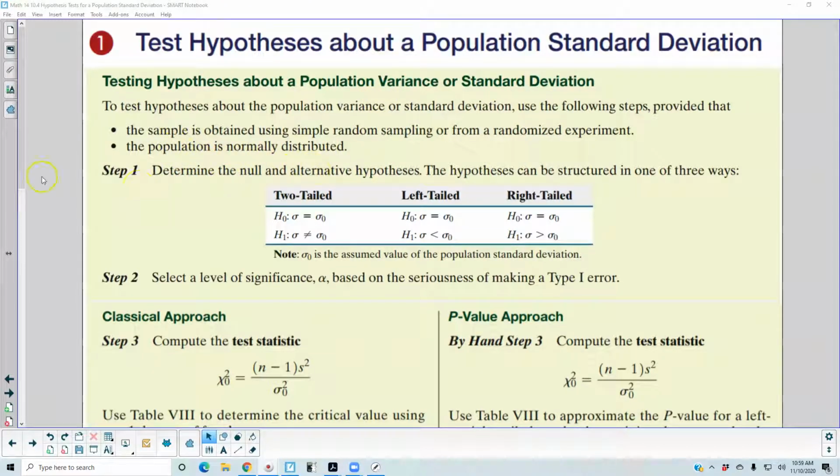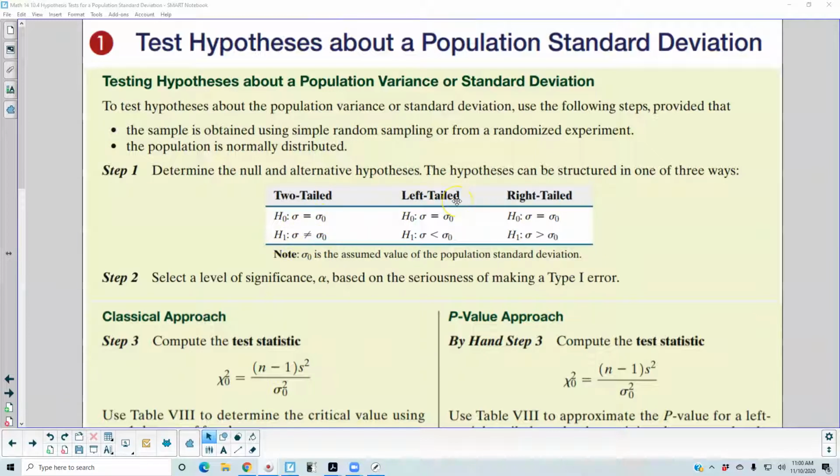Step number 1, we need to determine the null and the alternative hypothesis. The hypothesis can be structured in one of three ways. If we have a two-tailed, we know that the null hypothesis has equals, and the alternative is not equals.